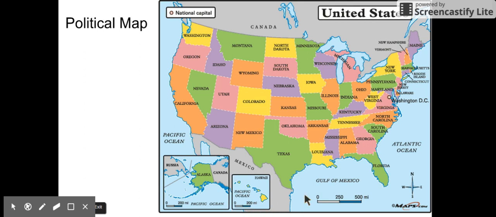And then this is the distance scale for this larger full map of the United States. So for every measurement you use with your ruler, it's going to be equal to 500 miles. And this one's different. For every little measurement, it's equal to 200 miles. And the same for this distance scale here.